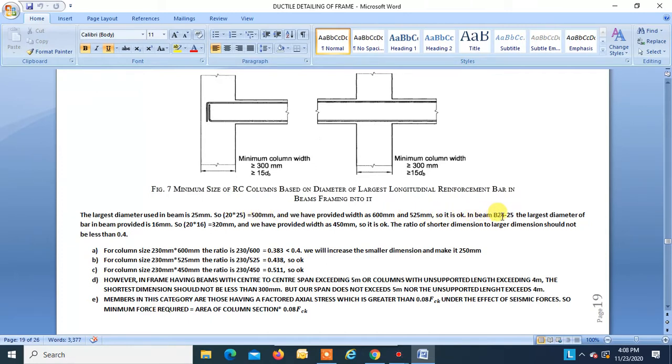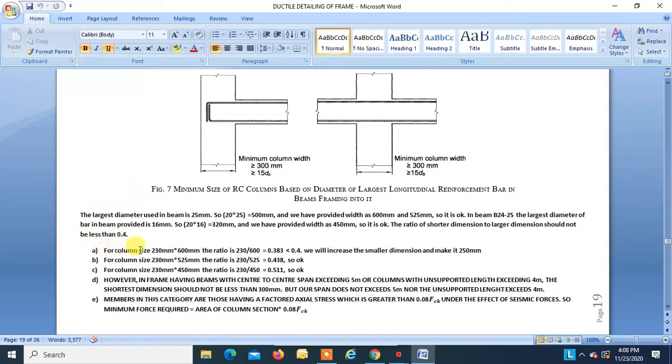In beams 24 and 25, the largest diameter of the bar provided is 16 mm, so 20 into 16 is 320, whereas the provided width of the column is 450, so it is okay, right? The ratio of the shorter dimension to the larger dimension of the column should not be less than 0.4.